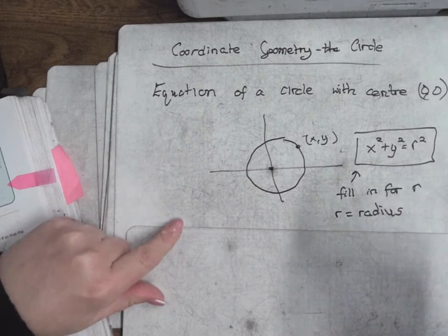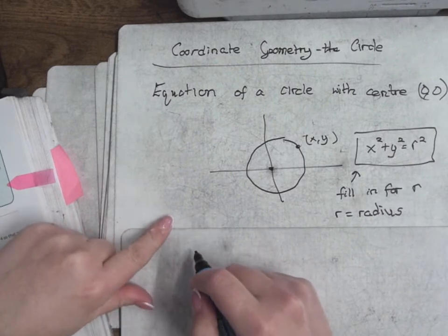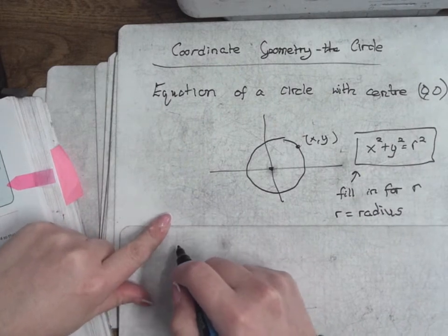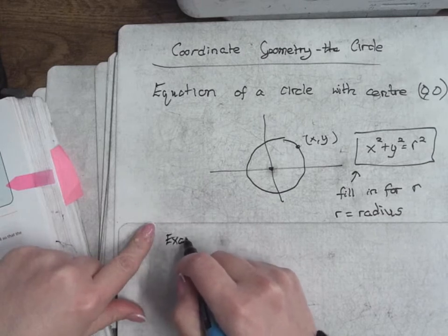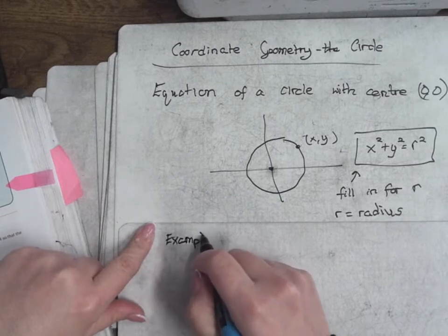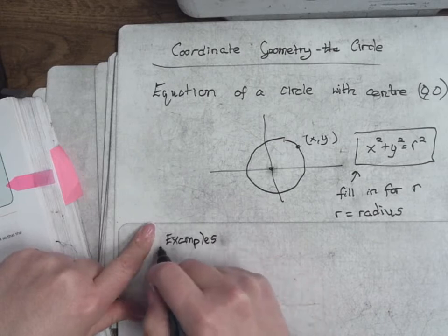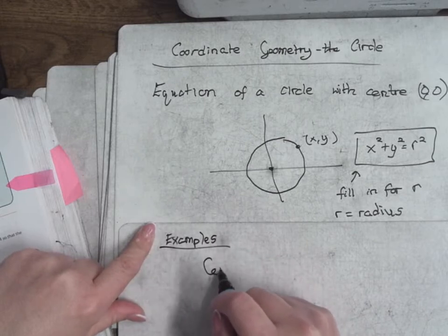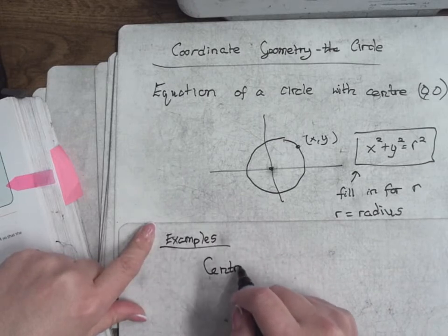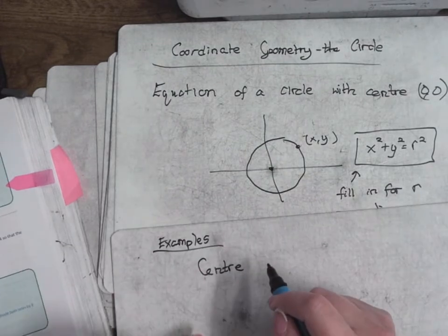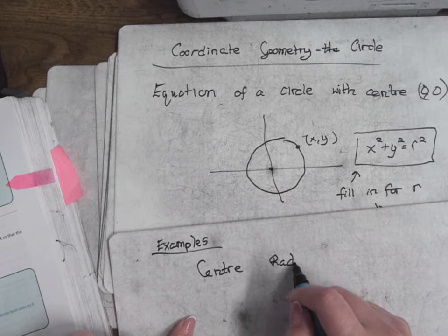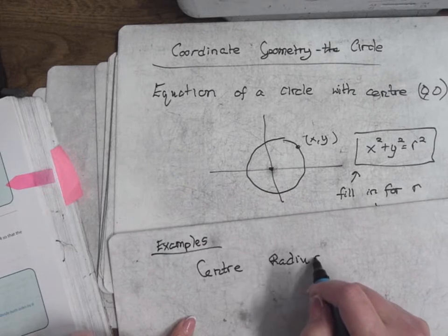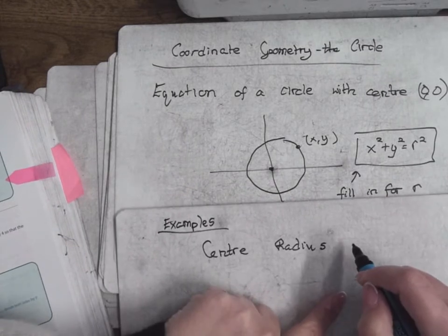Right, okay, so for example, if I told you a circle, so examples, I'm going to tell you the centre, and I'm going to tell you the radius, and I'm going to write down the equation.